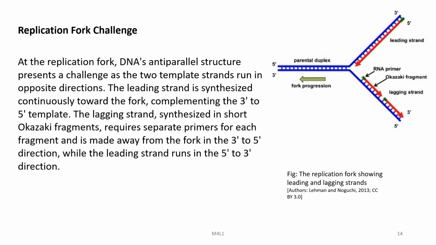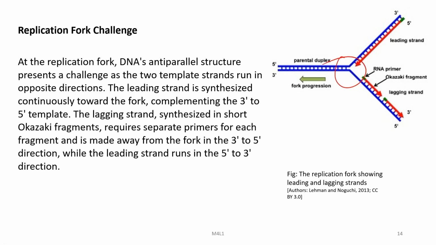So, we can see that DNA replication is taking place in two opposite directions. In the leading strand, it is happening towards the fork, and in the lagging strand, where small fragments of DNA are replicated and later joined by DNA ligase, the replication is in the direction away from the replication fork.